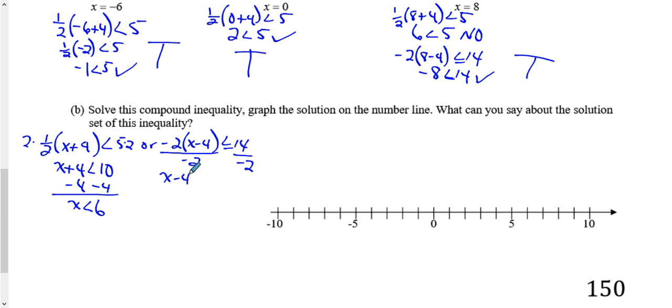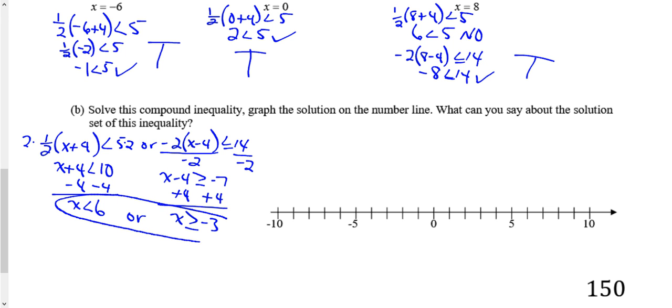We just divided by a negative, did we not? Yeah, you got to flip the sign. Greater than or equal to -7. Add 4. We get x is greater than or equal to -3. And this is an OR type. So this whole thing is our solution. Okay?